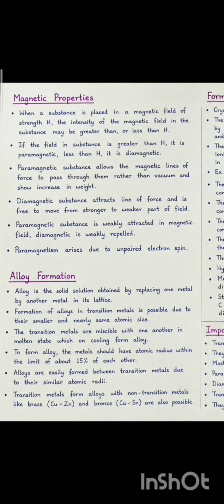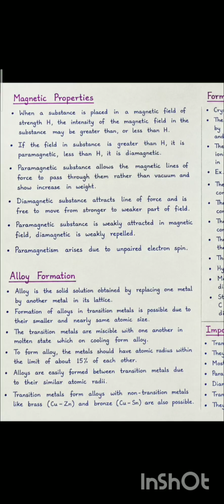Thus a paramagnetic substance attracts lines of force. Paramagnetism arises as a result of unpaired electron spin in the atom. A diamagnetic substance is one which is repelled by a magnetic field. These are all magnetic properties.